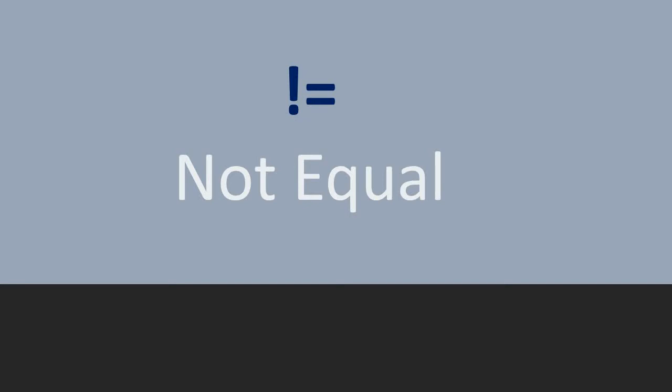Not equal to is a universal way of writing not equals. It's simple: we use an exclamation mark and an equals symbol. Hopefully you can see that we get everything back except for the book data.